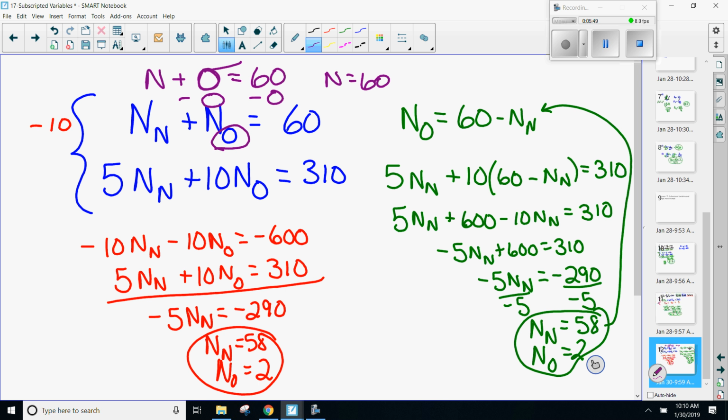Be careful. An example of this, you would probably see a D there, and you would say the numbers of nickels and dimes that you have in your pocket. You have a total of 60 coins, and then nickels are worth 5 cents, dimes are worth 10 cents, and you have a total of $3.10. How many nickels, how many dimes do you have?